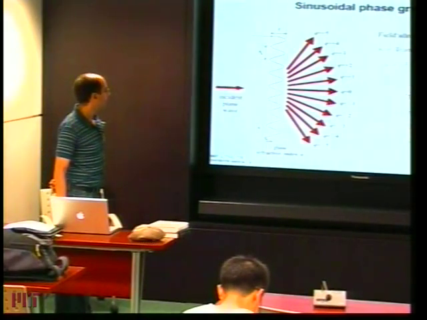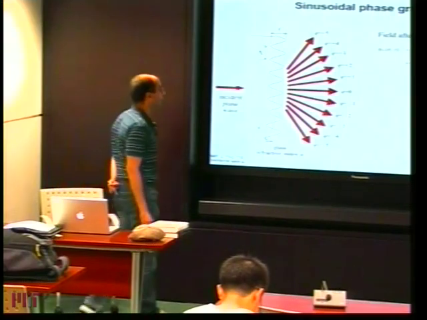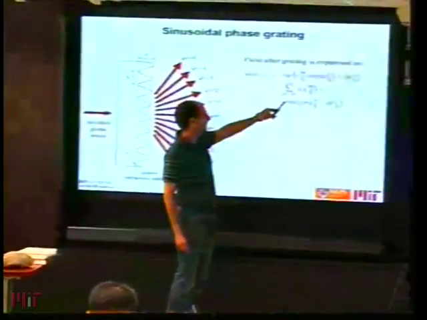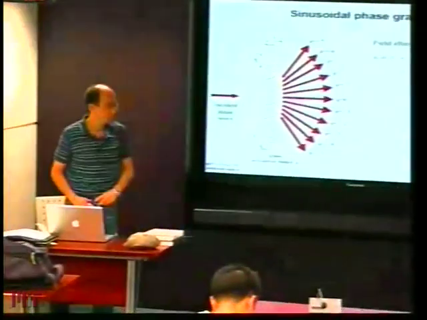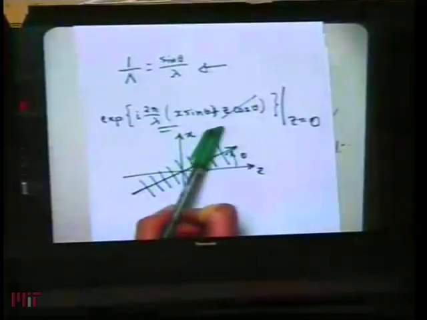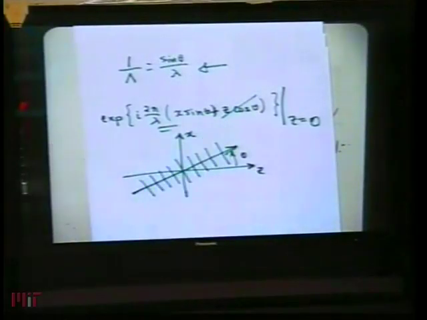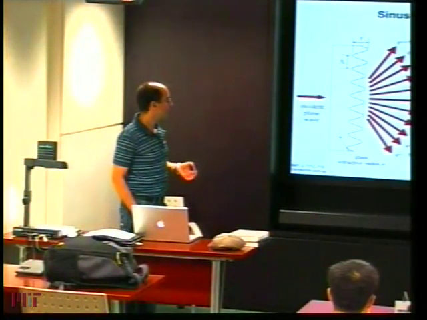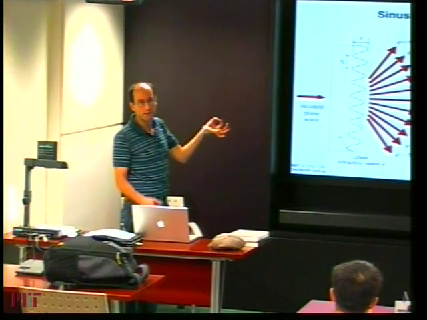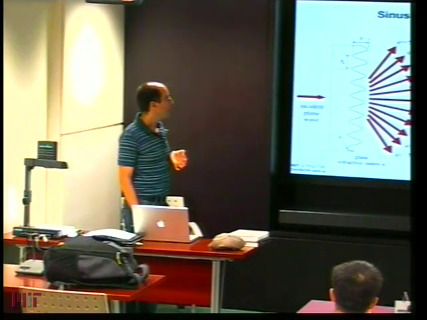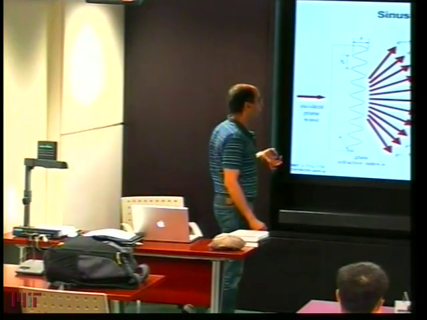And the way you can see this is if you rewrite the grating like this. This is now simply using a mathematical formula, but if you actually do the same trick I did here, if you recognize that each one of these complex exponentials physically corresponds to a plane wave, then you can see that what I've written there, it came out of a book of mathematical formulas, but physically it contains an amplitude that is given by the value of a Bessel function, but then more importantly it contains a sequence of plane waves that are known as diffraction orders.